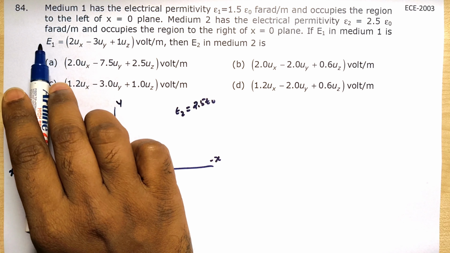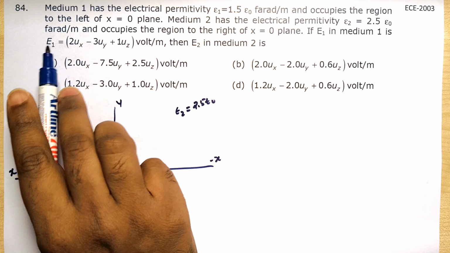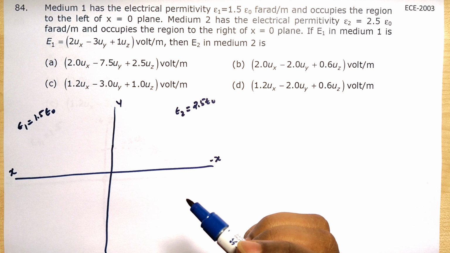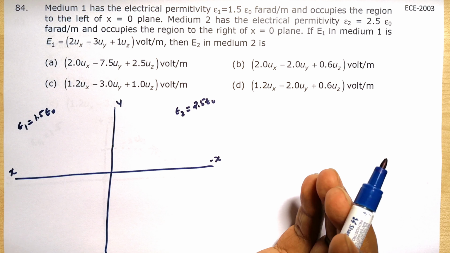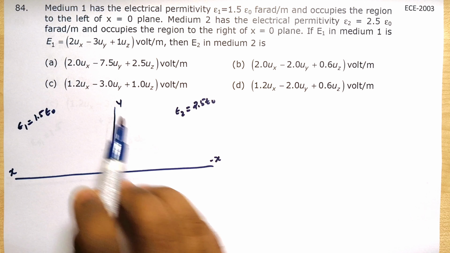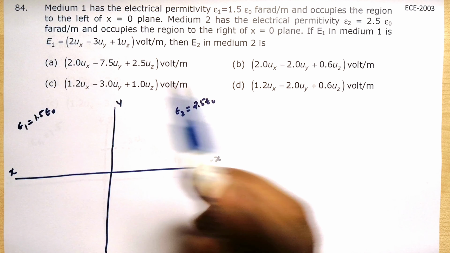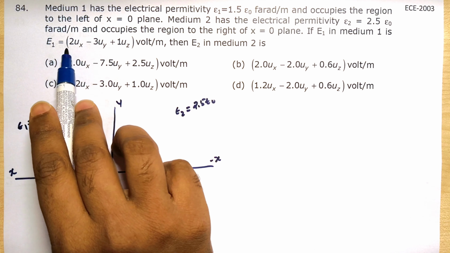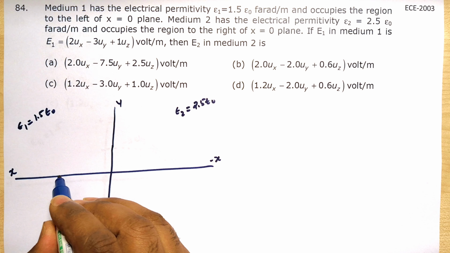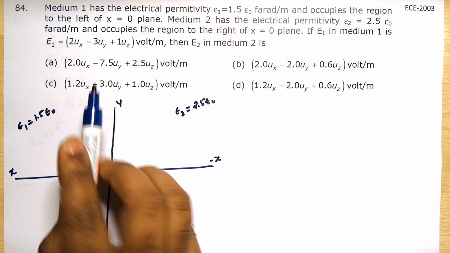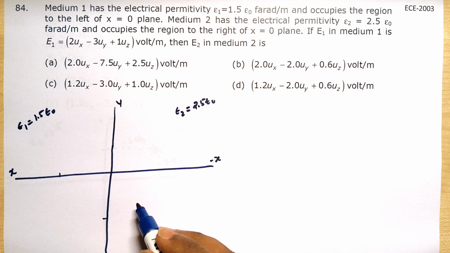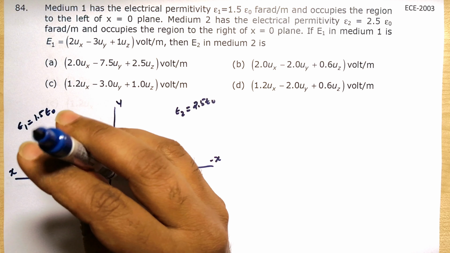Now let's just draw what the electric field vector is here. The important thing while solving such questions is to visualize the electric fields and the axis and the vectors. We will try to visualize this electric field E1. The electric field is 2 ux, so it has 2 units in this direction, and it has minus 3 uy, so it has 3 units in negative y direction, and there is plus 1 uz which is coming out of this plane.